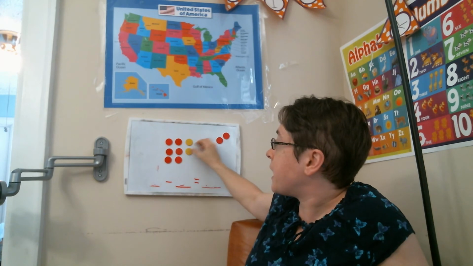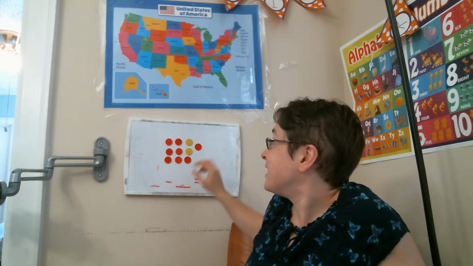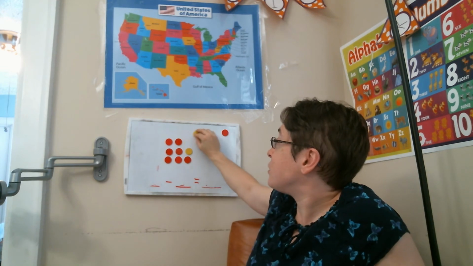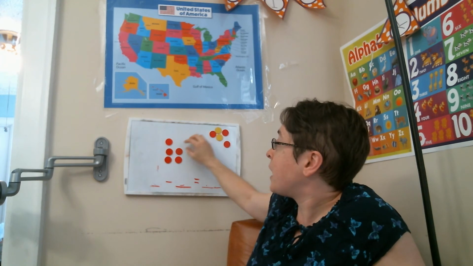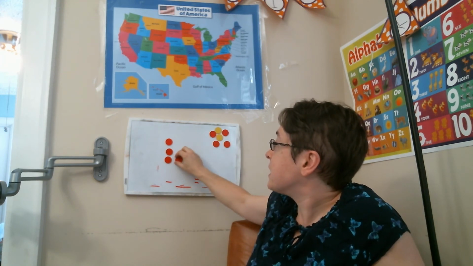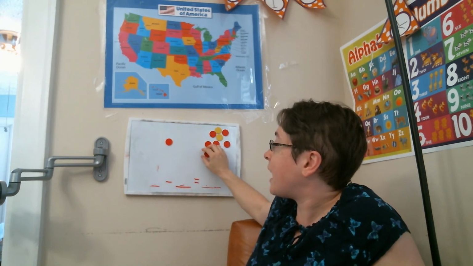Now we're going to pretend that these are cars. You have 10 cars. 9 cars drive away. How many are left? So we need to take 9 away. 1, 2, 3, 4, 5, 6, 7, 8, 9.